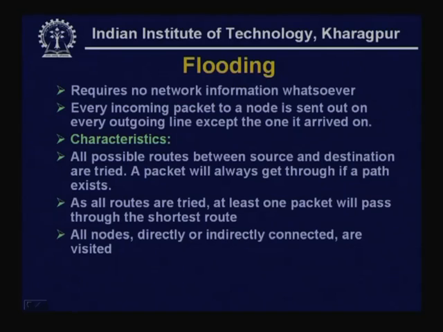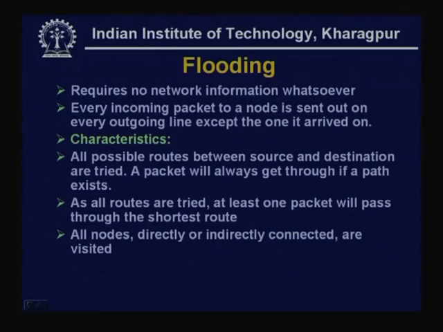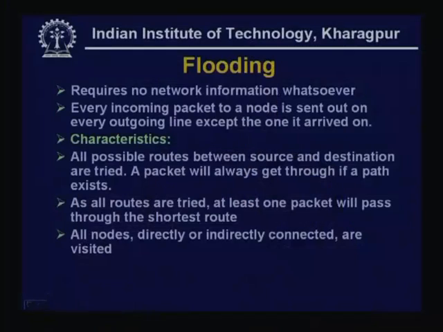has some important characteristics. The flooding algorithm has some important characteristics. The first important characteristic is that all possible routes between source and destination are tried, because the packet is visiting all the nodes, and it explores all the nodes.